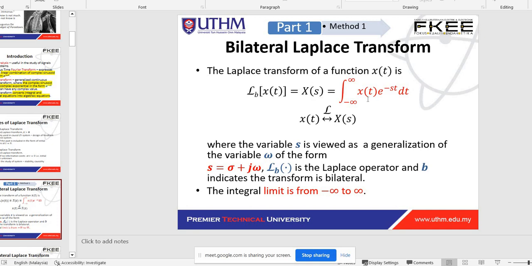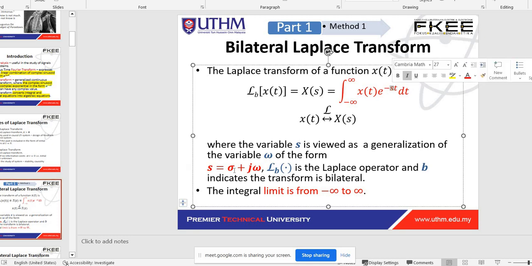Bilateral is from negative infinity to infinity, x(t) times e to the power of negative st. If you look at the Fourier transform, it is x(t) multiplied with e to the minus j omega t. Now, in the Laplace transform it is minus st, where the s here refers to sigma plus j omega.